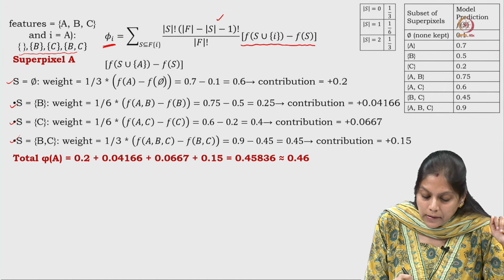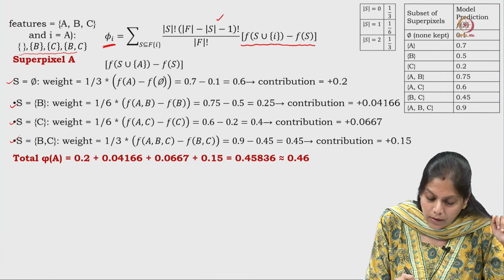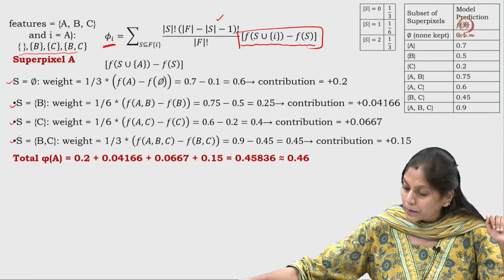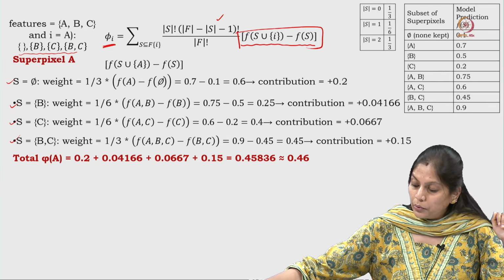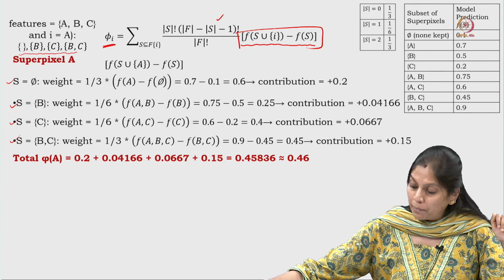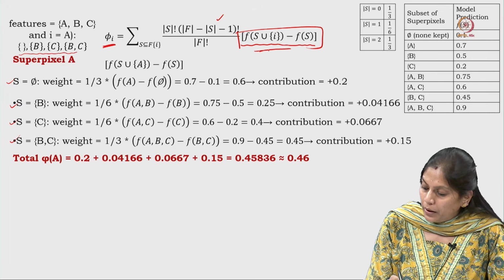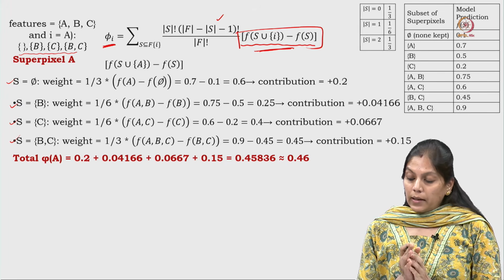Now, let us try to understand this part first, and then I will put each of these values together. In order to calculate the Shapley values, we are first computing this portion. What exactly are we doing?